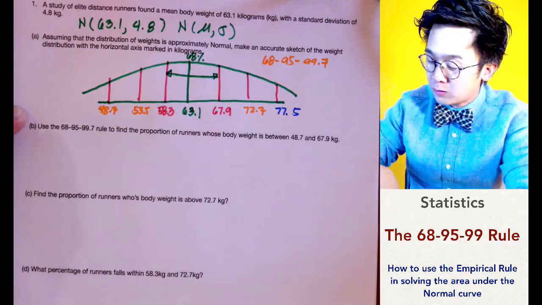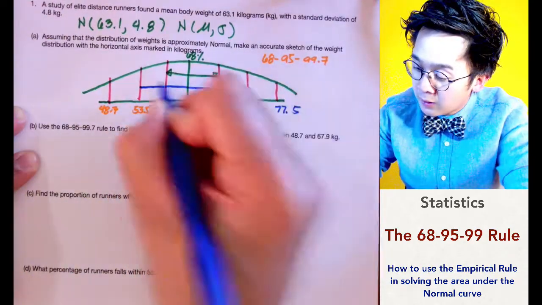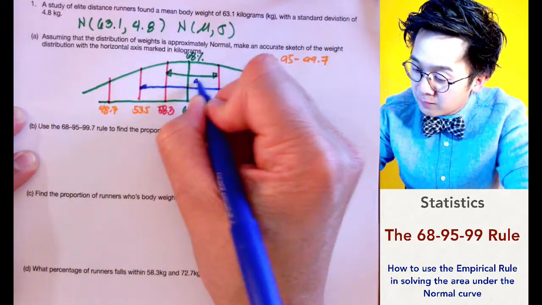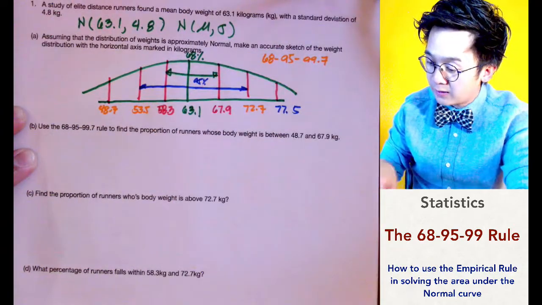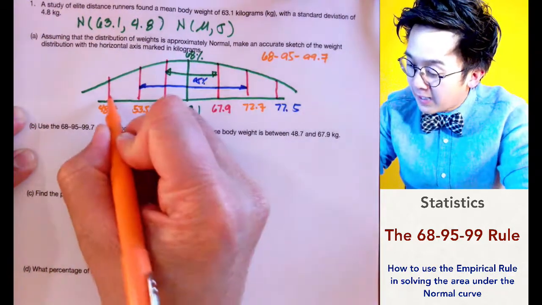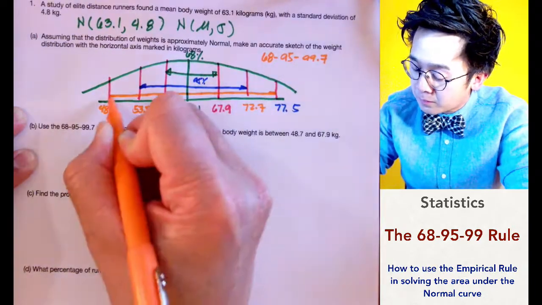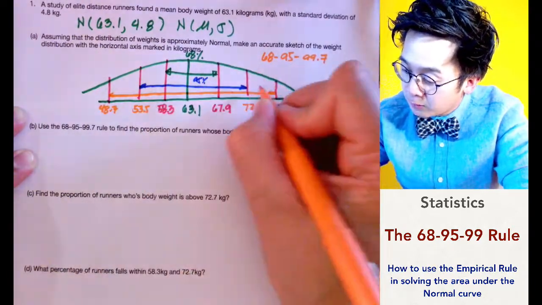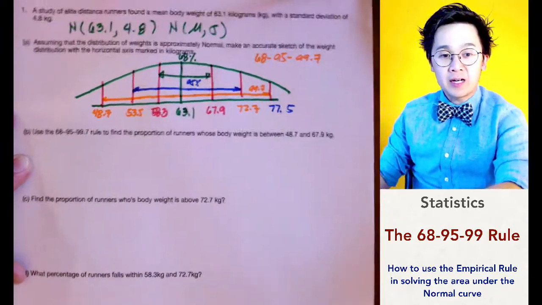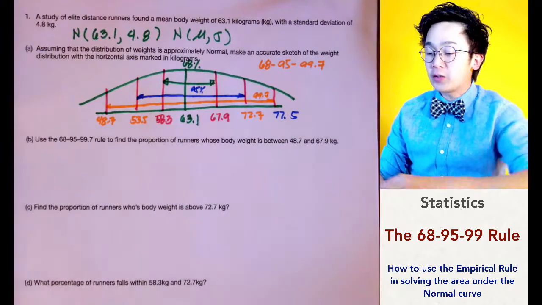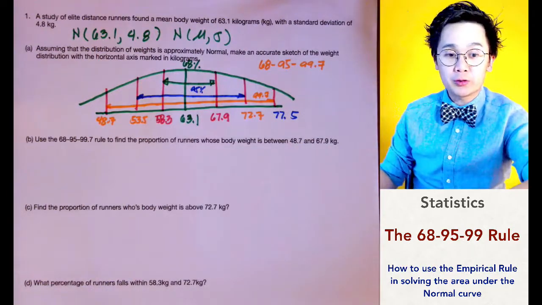At sa susunod naman, from here to here, ito yung ating 95%. At yung panghuli natin, yun yung ating 99.7%. So, yan yung area under the curve ng ating distribution. So, gagamitin natin yan sa pagsagot ng mga problems dito sa mga susunod nating tanong.